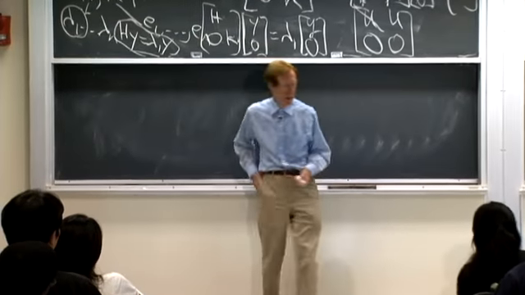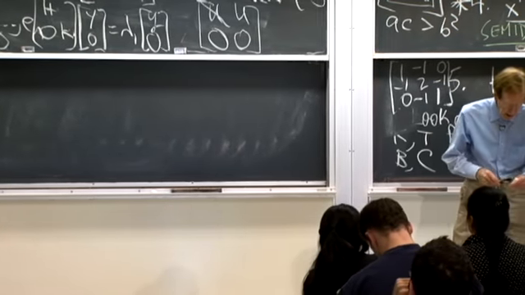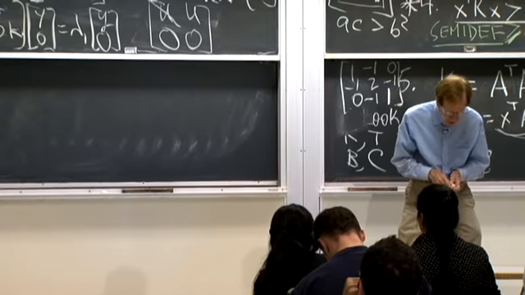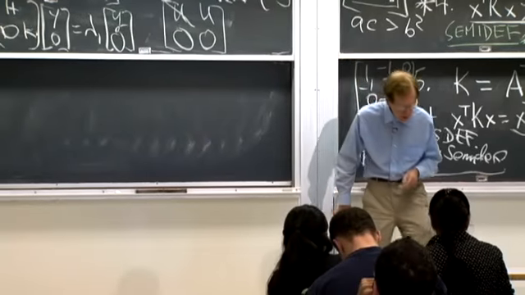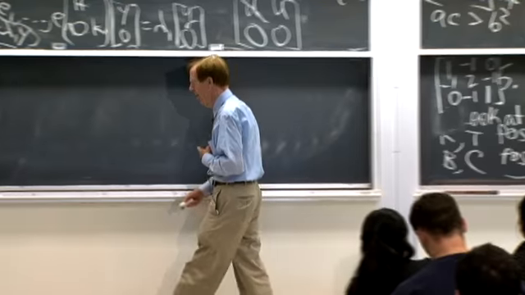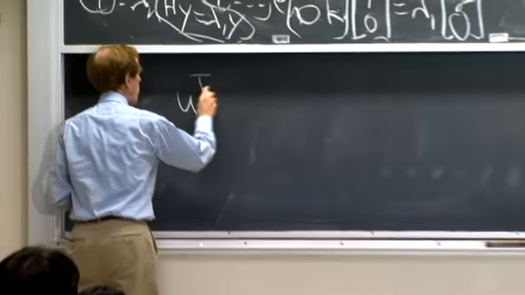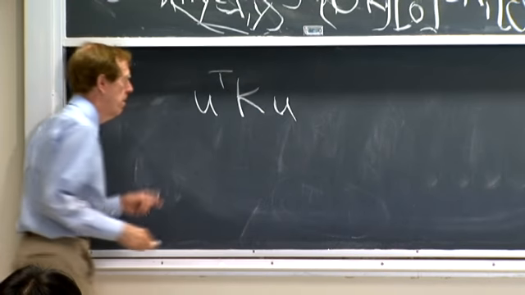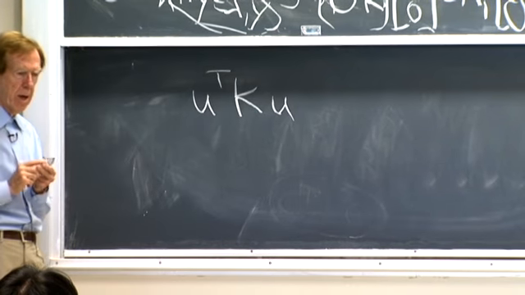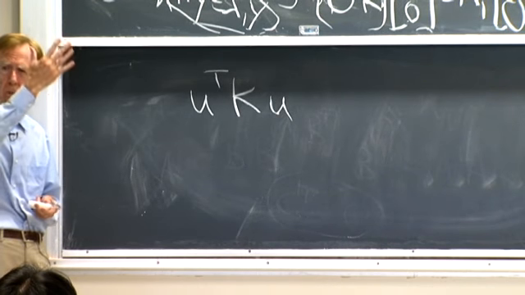So I have a positive definite matrix K, right? And then I've got its energy, which, let's see, I'm using U rather than X. So let's use U. So my U transpose KU, or like X transpose KX today, that is this bowl-shaped figure, right?